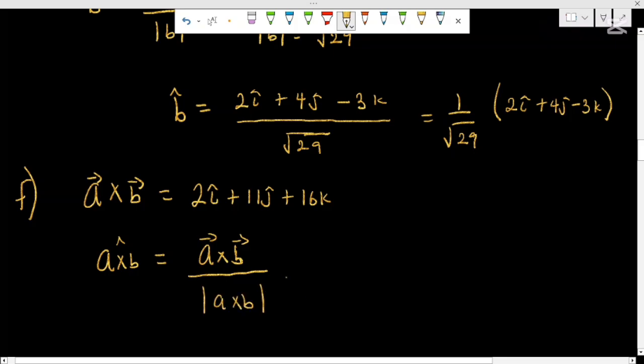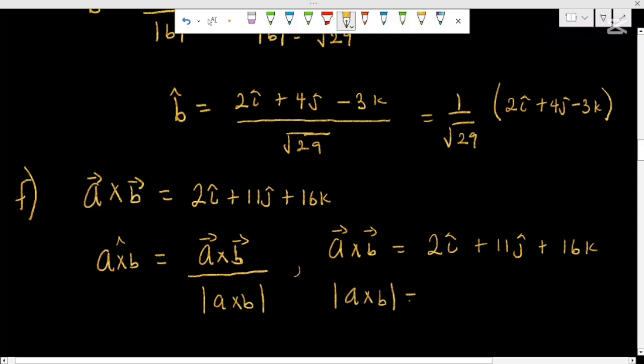Good. Now, we already have A cross B. Let me write it: 2I plus 11J plus 16K. And we already solved for the magnitude before. And if I can remember, that should be the square root of 381. Right? Very good.